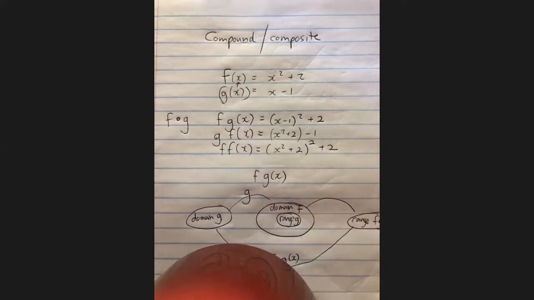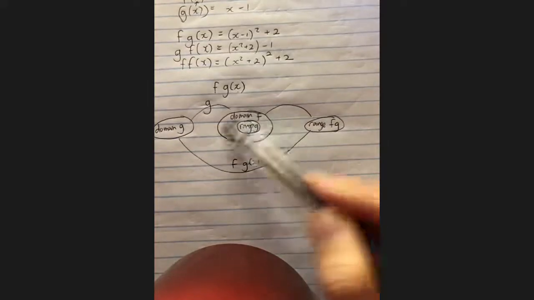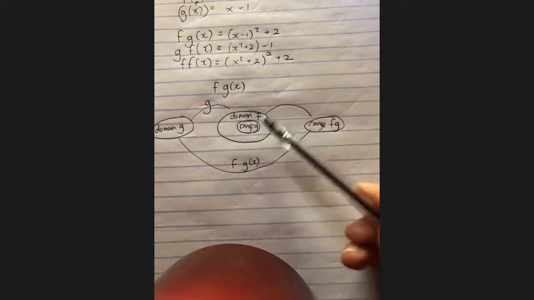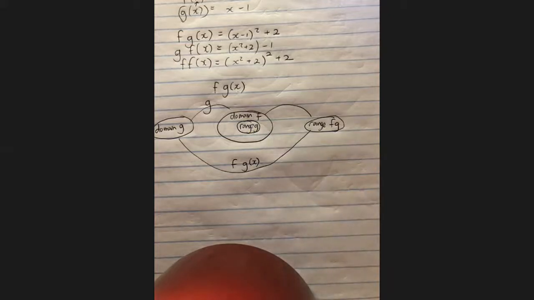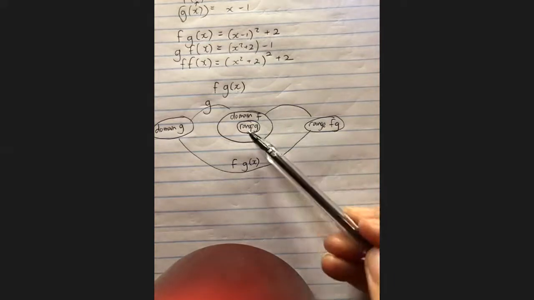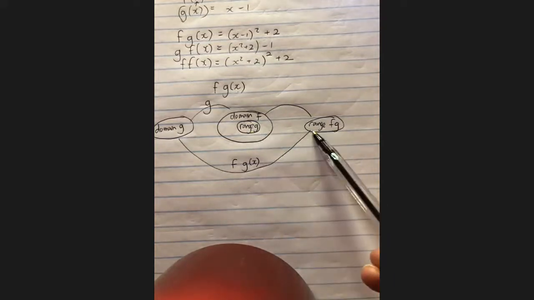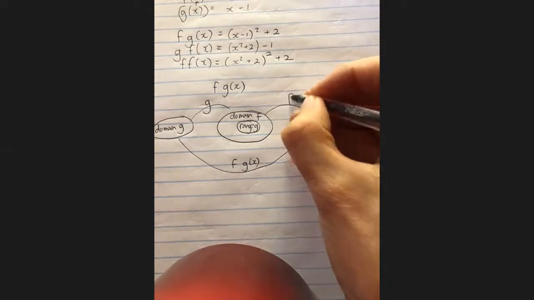So that's what I'm saying here. The domain of f needs to be ready to receive the range of g. It needs to be contained within. So yeah, that's one route. And if you have your range of g and you want to get to the range of f of g, you can just sub that then into f.